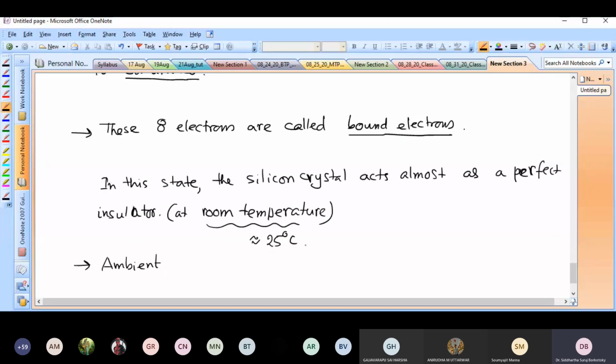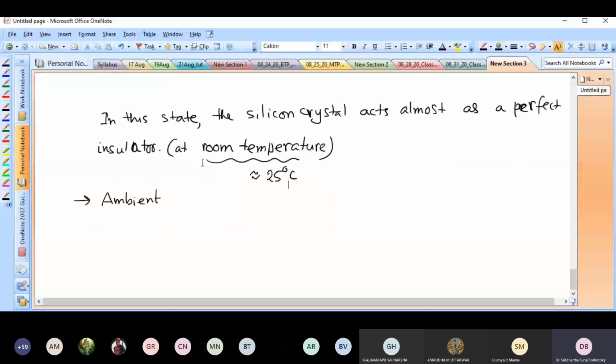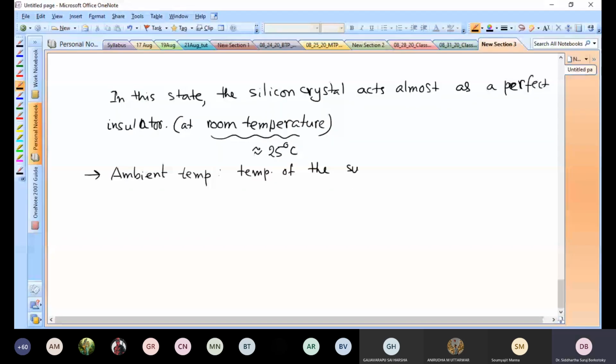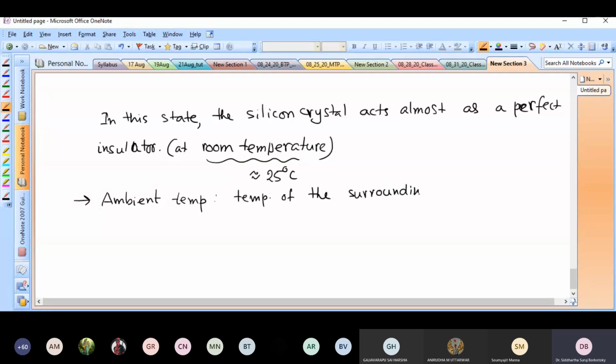Some people call it 27, but the textbook says 25, so let's go with 25. The ambient temperature is the surrounding temperature, the temperature of the surroundings.